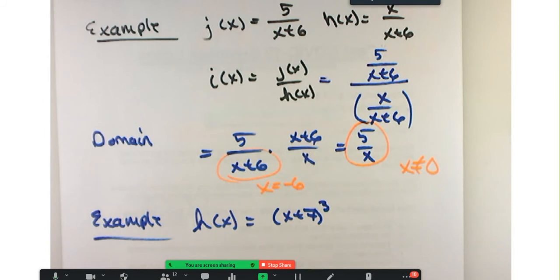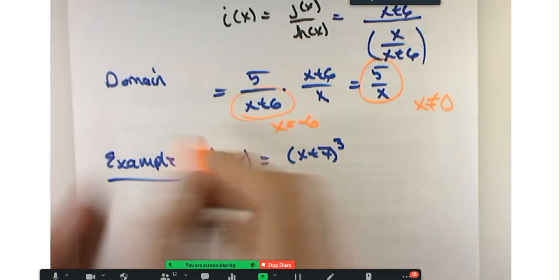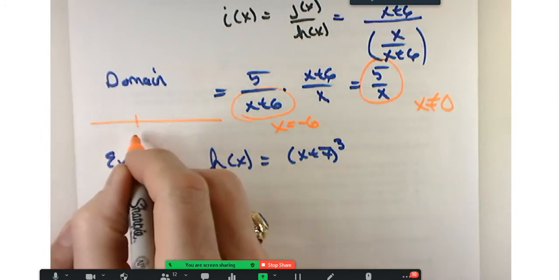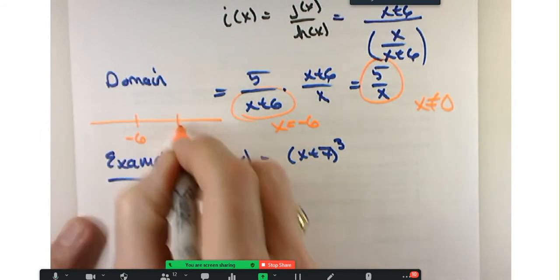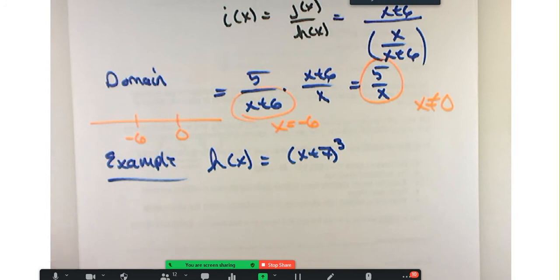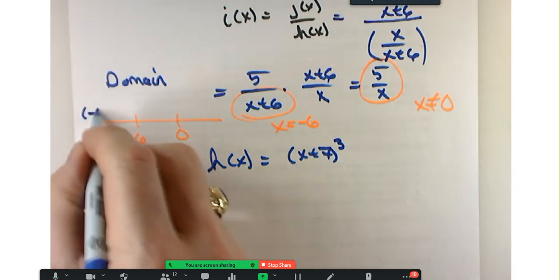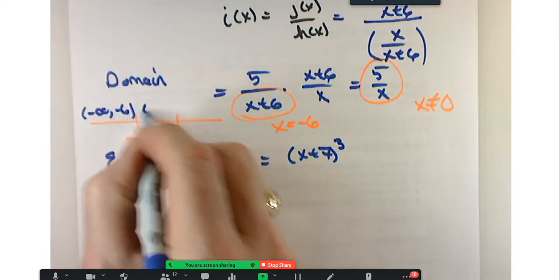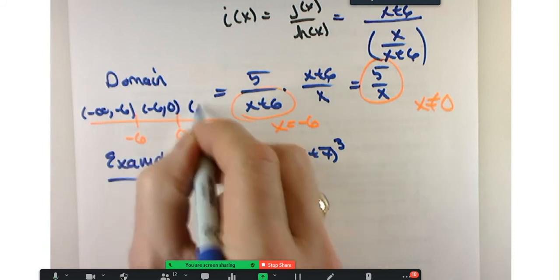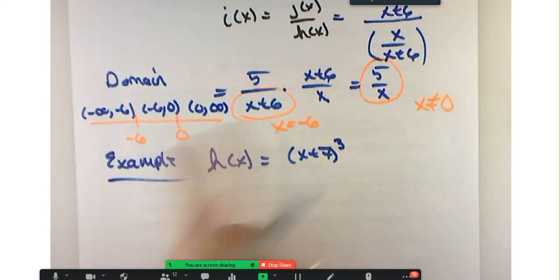So we have to leave that out. So overall, we have to throw out -6 and 0, and that leaves as our domain -infinity to -6, -6 to 0, and 0 to infinity. That would be your domain of this function.